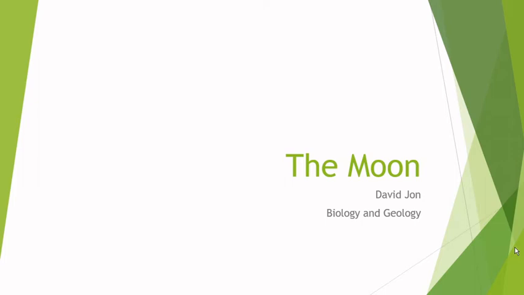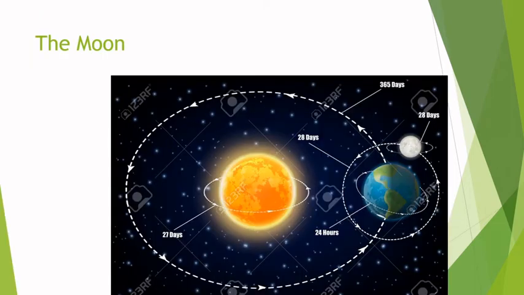Right, the moon is going to have two movements, okay, the same as the Earth. It has a rotation and it has a revolution. The main characteristic of this movement is that both of them have the same length in time. Both of them take 28 days. Okay, that means that the moon takes 28 days in doing a complete rotation and a complete revolution around the Earth.